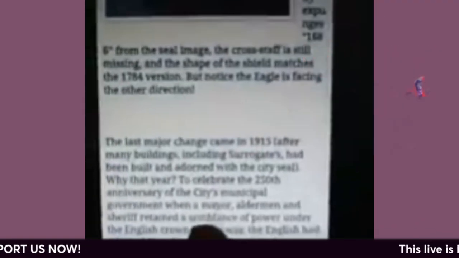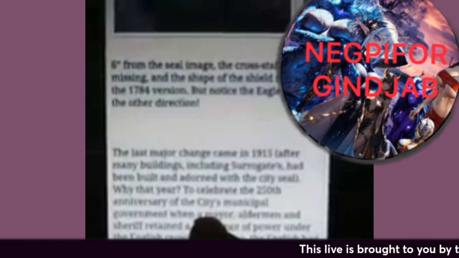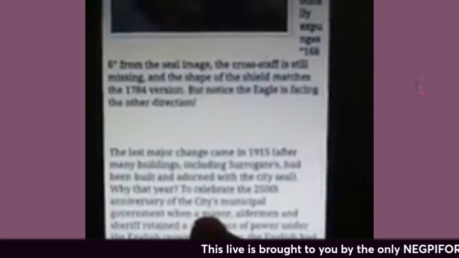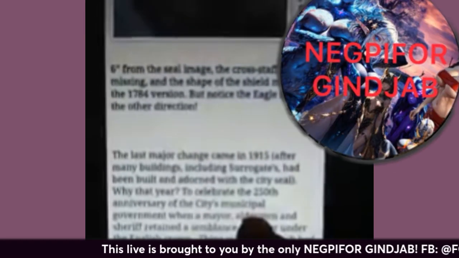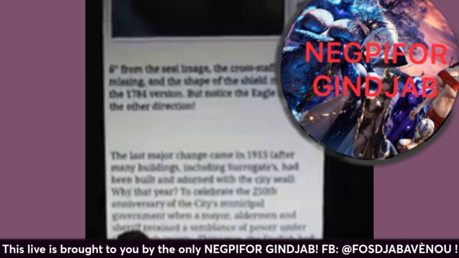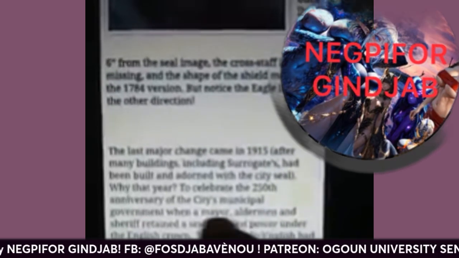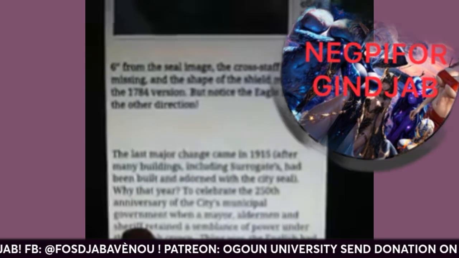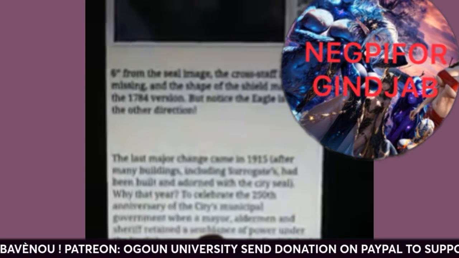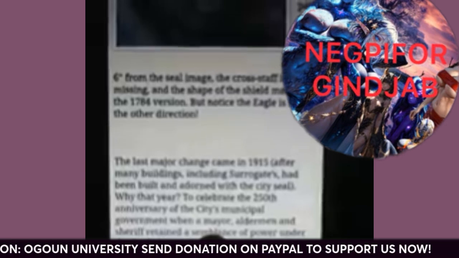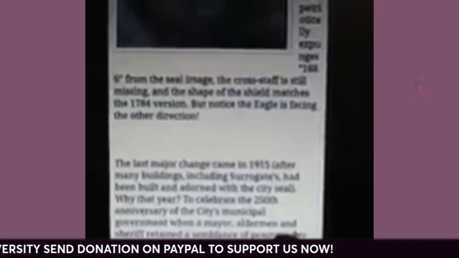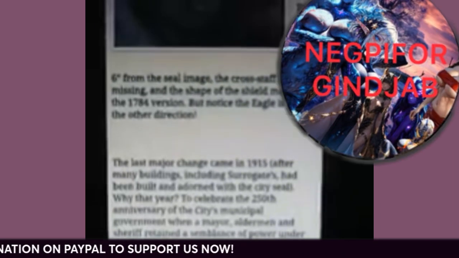Bingo! Now watch this. A mayor, politician, right? An alderman, a banker, and a sheriff, the lawman. These are the ones making the agreement. They took false power, because semblance means something that looked like power, under the English crown.